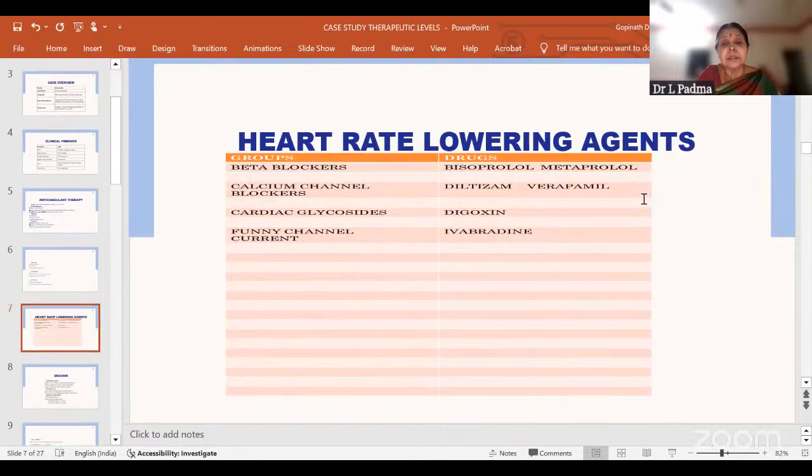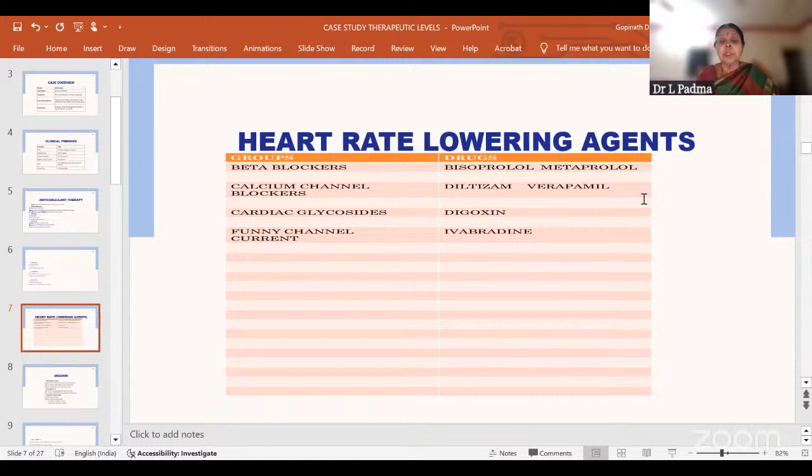The second is the patient is suffering also from atrial fibrillation, where we have to note down the rate rather than the rhythm. The four commonest groups of drugs which we use as heart rate lowering agents, depending on the priority, first is beta blockers, most often metoprolol, but occasionally bisoprolol also.